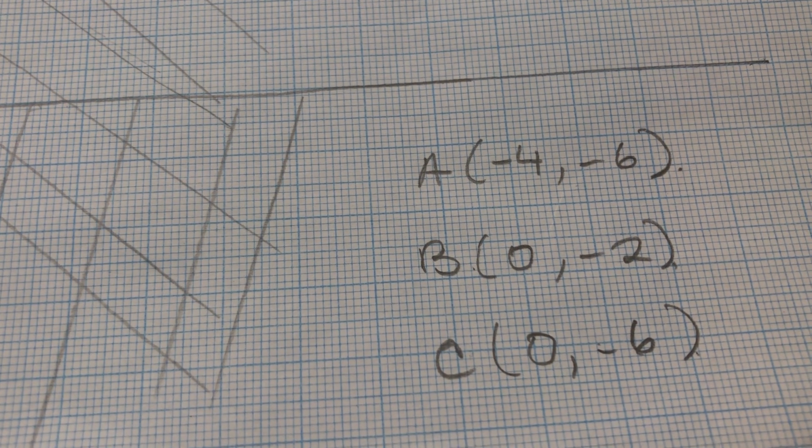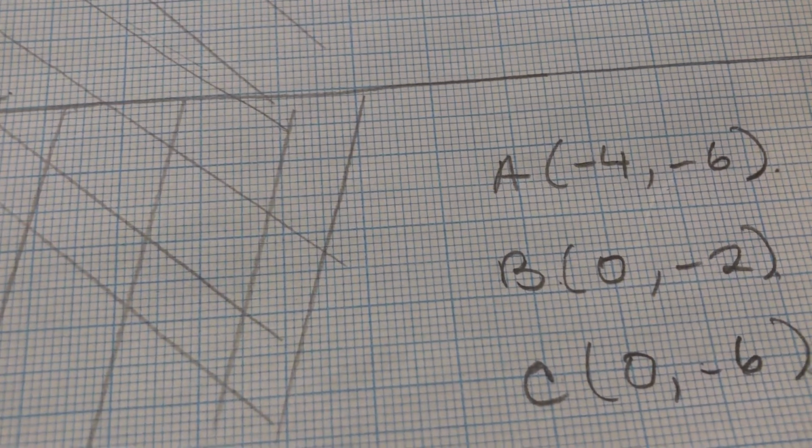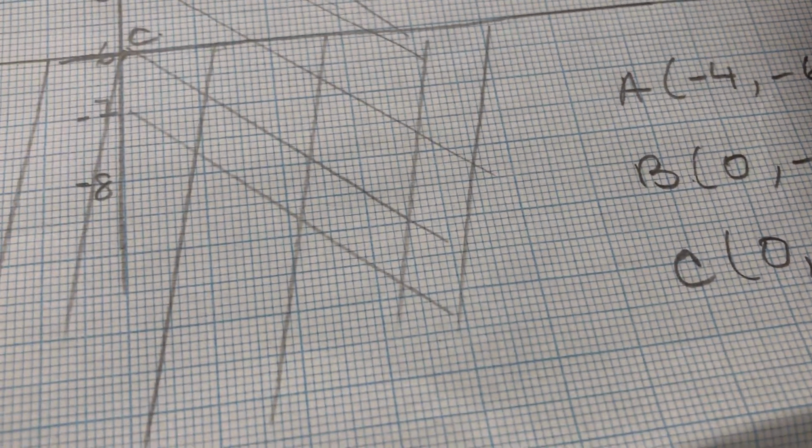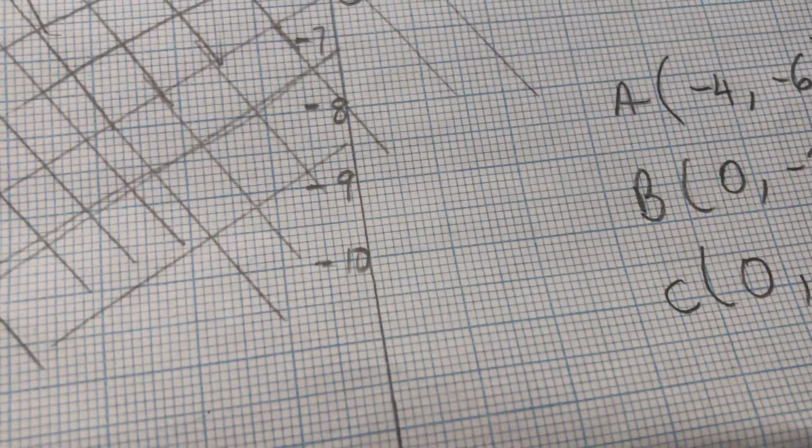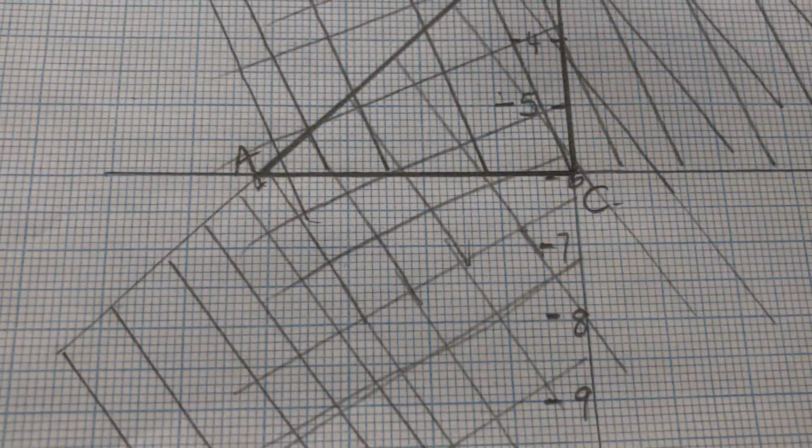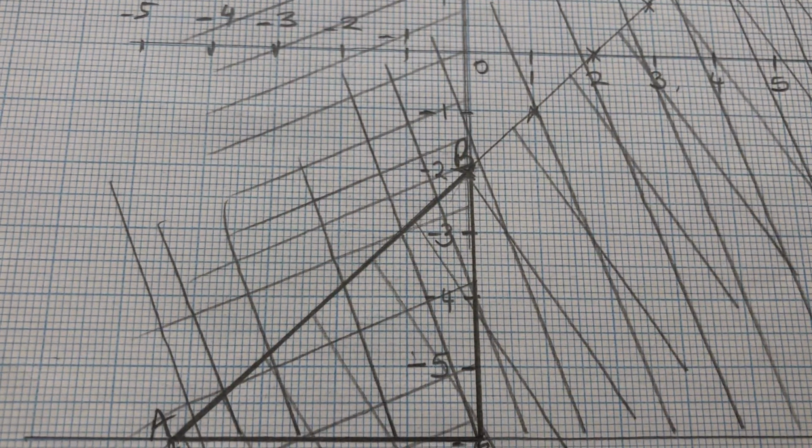You still arrive at the same thing. It's just that one will be blank and one will have all the three shades like here.